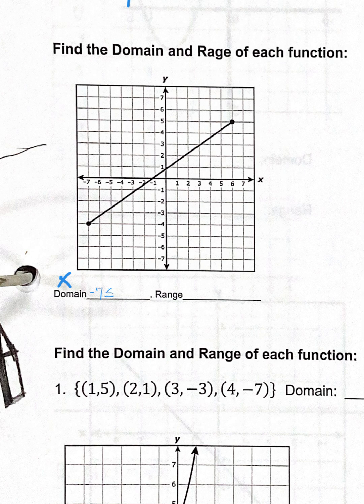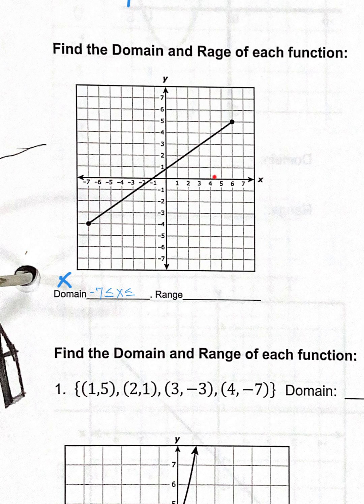We put less than or equal to because we have this solid point right here. We have the solid circle, so that's less than or equal to x, less than or equal to, and then we go all the way to the right. So we started right here at -7 for our graph, and again we're on the x-axis.